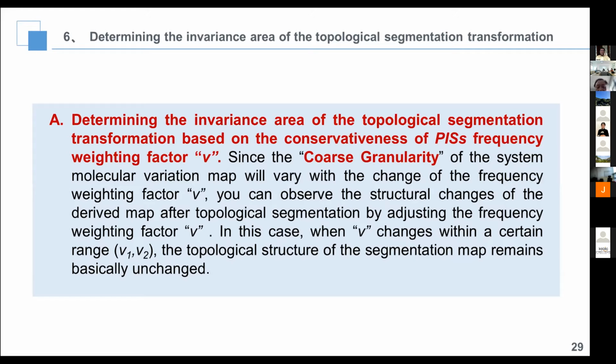The transformations are based on the conservativeness of the PIS frequency weighting factor nu, since the granularity of the system's molecular variation map will vary with the change of the frequency weighting factor nu. You can observe the structural changes after the derived map of the topological segmentation by adjusting the frequency weighting factor nu.